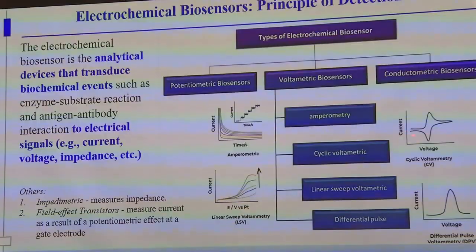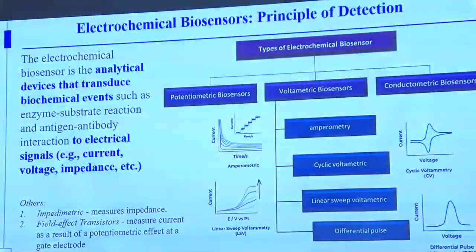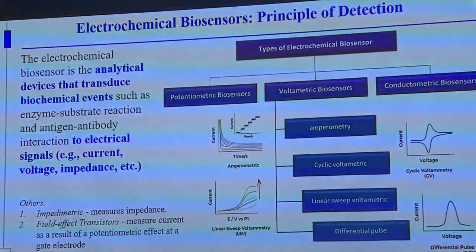For cyclic voltammetry, you are simply sweeping the potential and recording the current. In linear sweep voltammetry, the potential just sweeps from A to B and doesn't come back from B to A. For example, you can sweep the potential from 0 to 1 volt, but you will not sweep back from 1 to 0 volt. You sweep only one direction, either forward or backward.